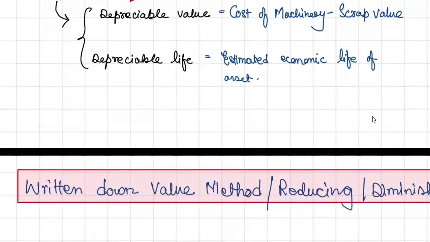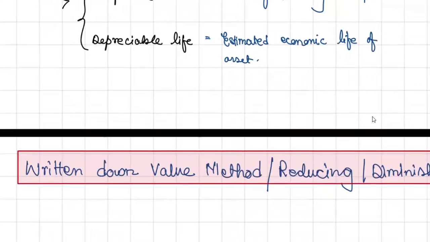One more thing which I also missed: depreciation. We know depreciation is charged on depreciable assets. Now, what actually are depreciable assets?